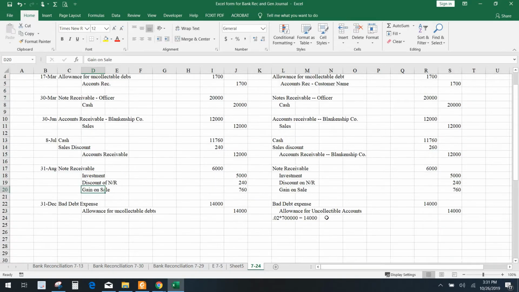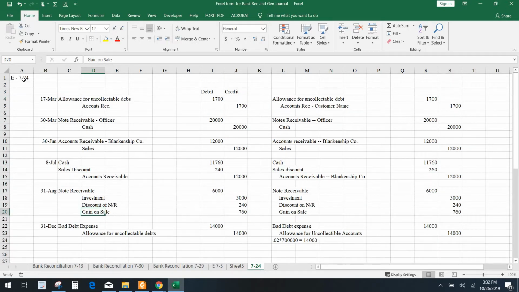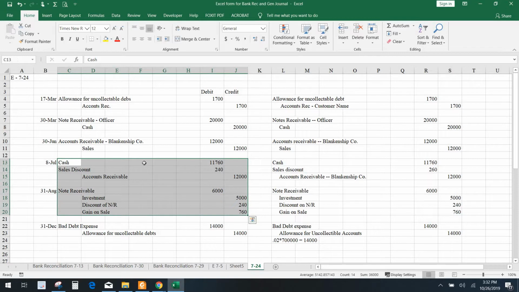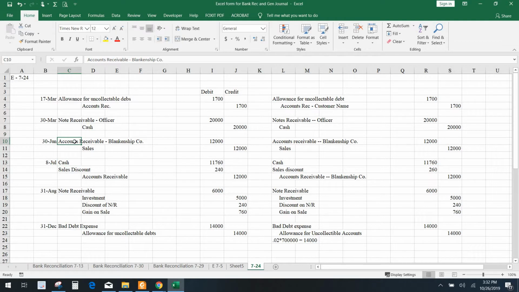So that's the solution to example 724. It was in your book. Everything was pretty straightforward except for these two transactions. This one you have to know whether it's the gross method, and you have to calculate the discount.